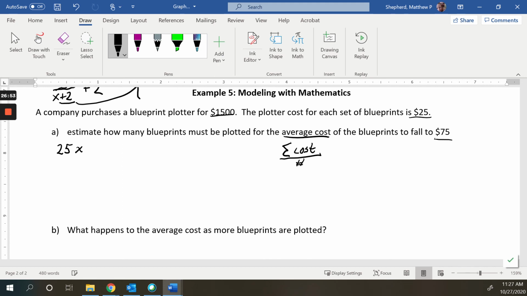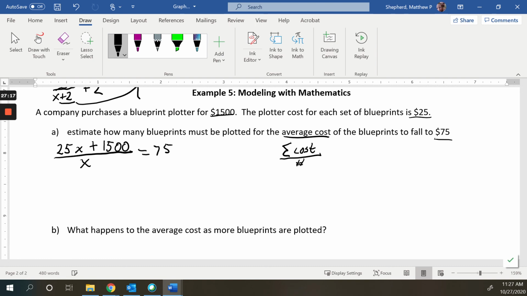If it's two blueprints, X is 2, and we paid $50 for those, and on and on. Plus the $1,500 for the machine. We need to divide it by the number of blueprints we make, which was X. And we want to know when that is going to equal 75.